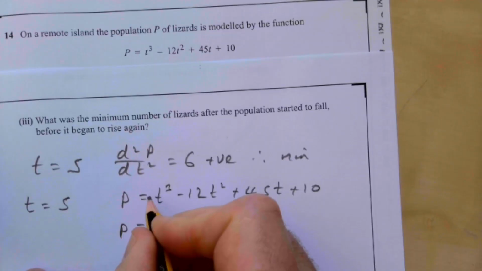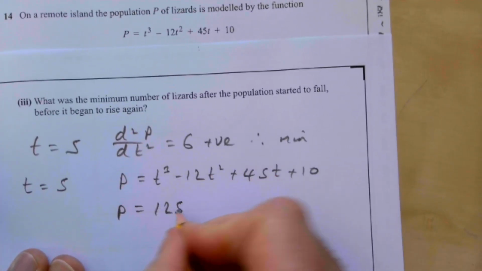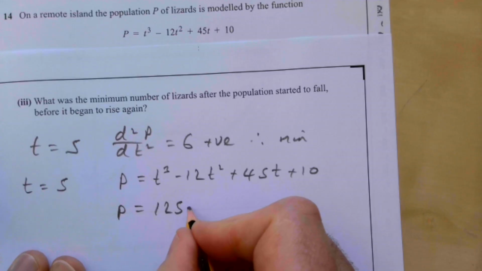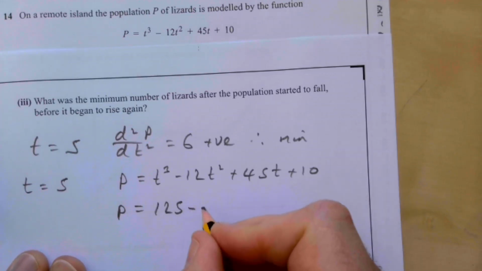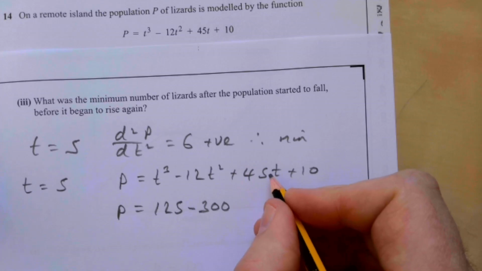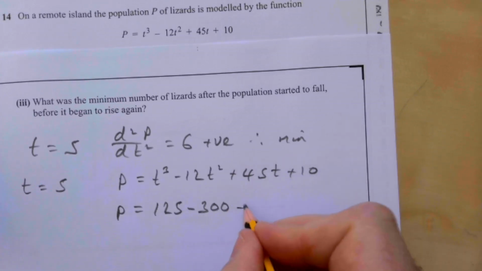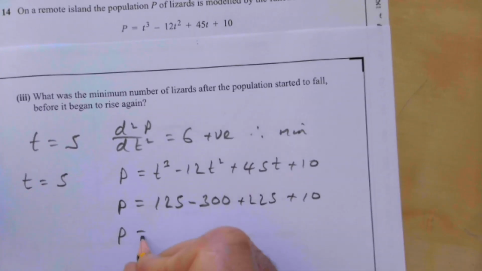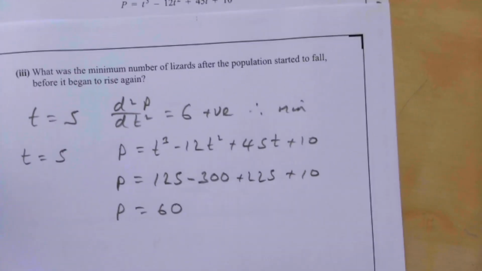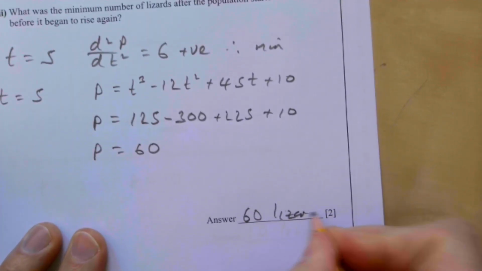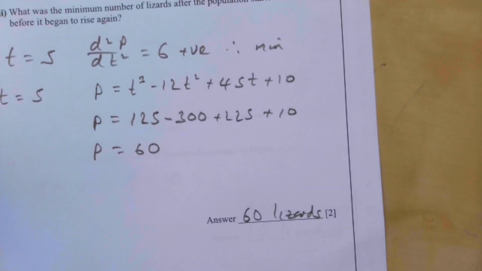So 5 cubed is 125. 5 squared is 25, so that's going to be 300, and then 45 times 5 is 225, plus 225 plus 10. Whatever way it works out, it should come out to be 60. Hopefully I've got that right. And so my answer then is 60 lizards. And that's us.